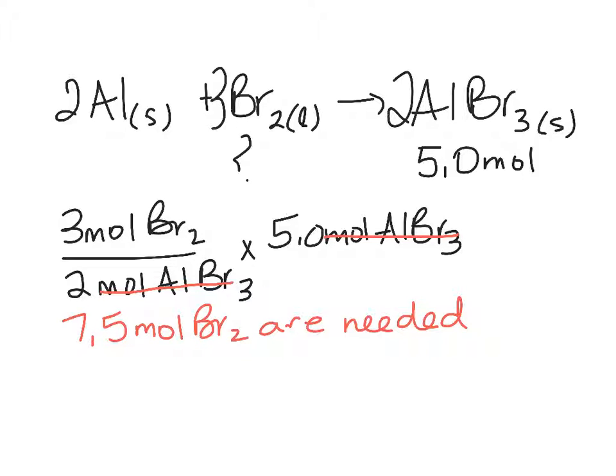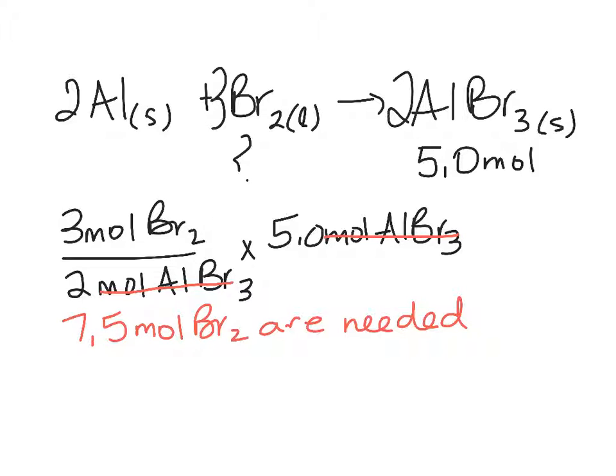This is a crucial tool for a chemist. Whether you end up in a lab or whether you end up being a chemical engineer, you're going to need to know the relationship between your reactants and your products.